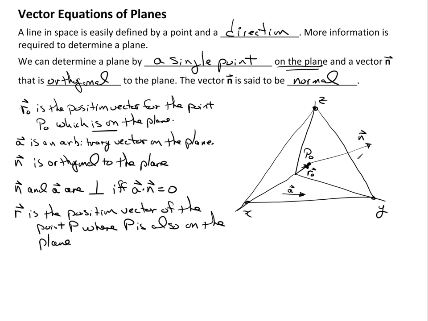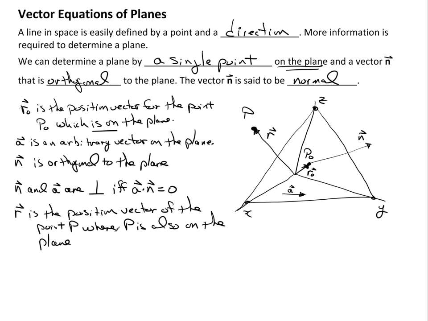So I'm going to take P and put it out here. And then I have vector r. That's a position vector for P. Remember, P is on the plane.